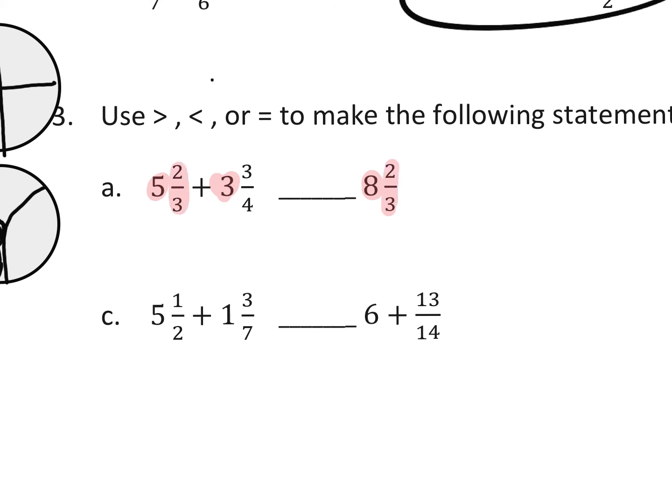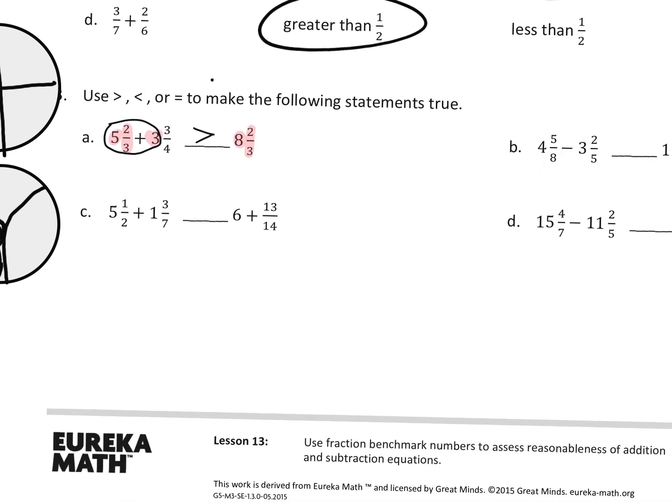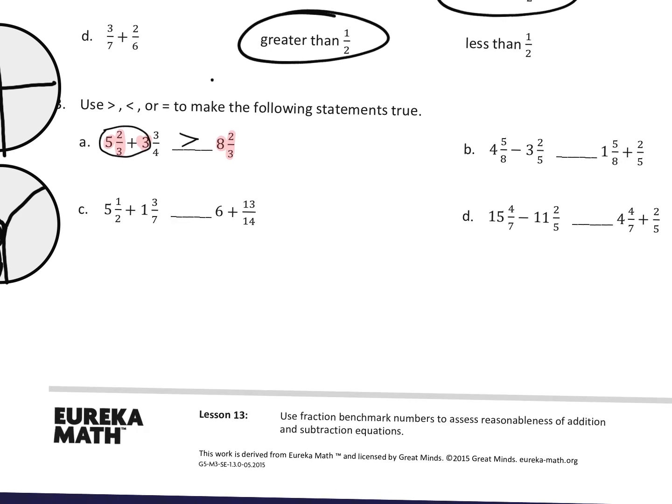And so right here, with just this part, I've already equaled 8 2/3, but I still have left over. This is 3/4 more than 8 2/3, and so I can say that 5 2/3 plus 3 3/4 is greater than 8 2/3.